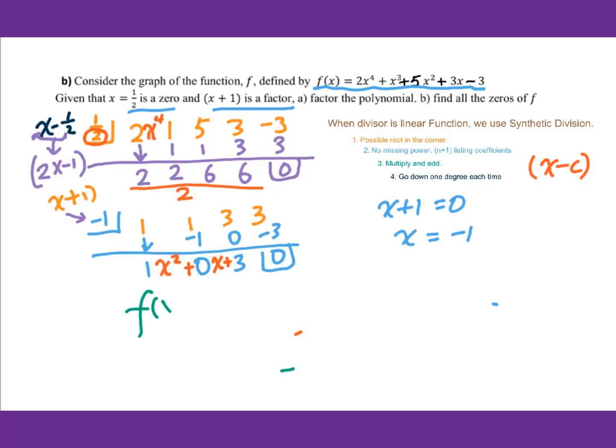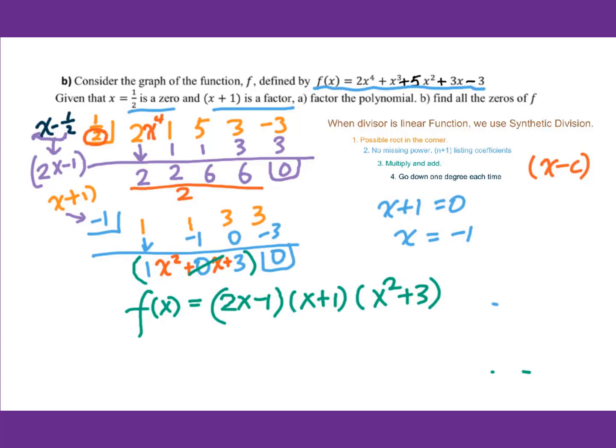Therefore, f of x equals 2x minus 1, x plus 1, and over here, that is x squared, 0x is gone, plus 3. Since x squared plus 3, we cannot factor. That's the factor for this polynomial function. The roots, we got x equals 1/2 and -1 already.